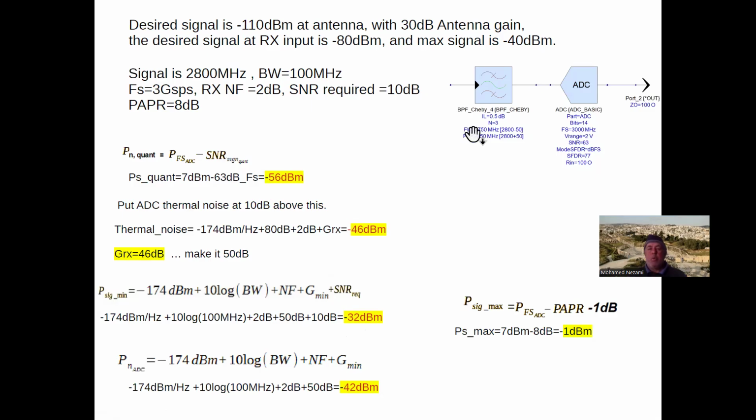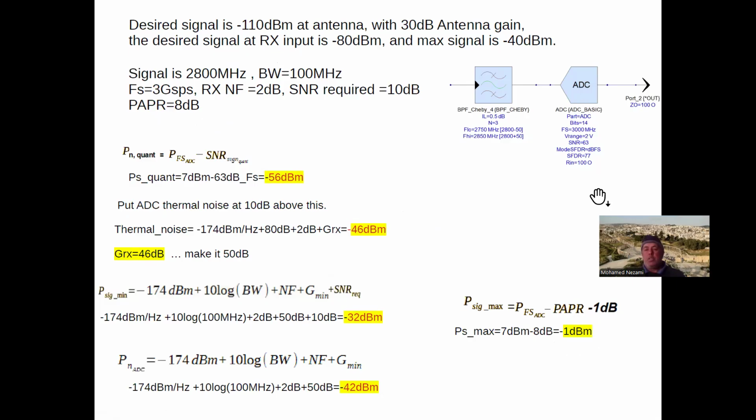The maximum signal is such that we want to make sure we don't exceed the full scale level by a certain margin, which is due to the peak to average ratio, and we throw in 1 dB as a precaution. You have to refer back to the equations that I used before. If I have 7 dBm and my peak to average ratio here is 8 dB, which has to do with the type of signal that I'm receiving, the modulation, whether it's OFDM or QPSK, PSK, whatever, it turns out to be minus 1 dBm.